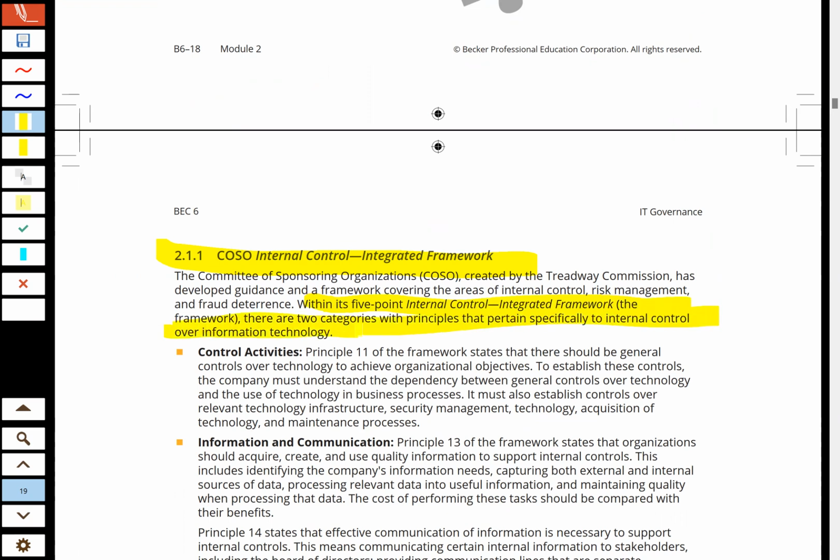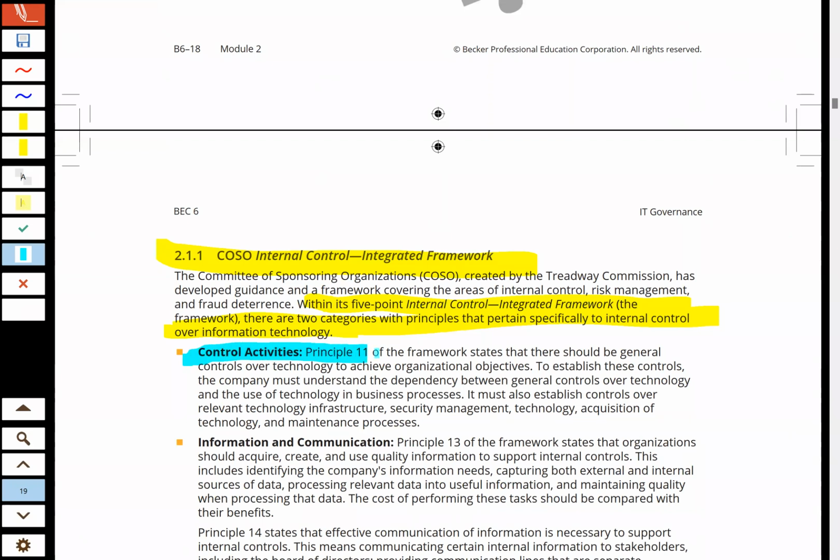We have the control environment, the risk assessment, the control activities, the information and communication, and then the monitoring, and remember that feeds back into the control environment. Within those five categories, there are 17 different principles. Remember, we talked about that. So we're going to tease out a couple of those principles that are particularly relevant to IT, and we're going to flashcard these.